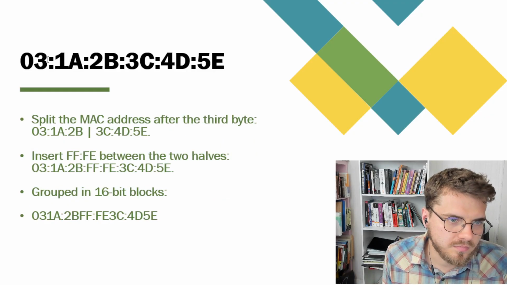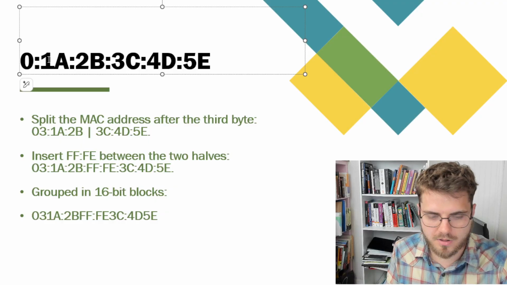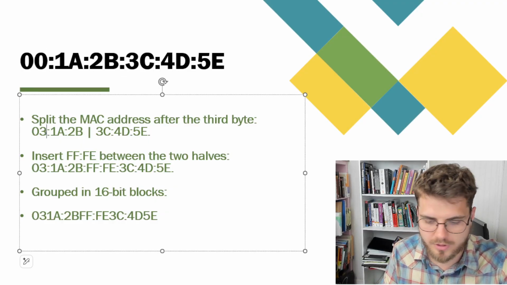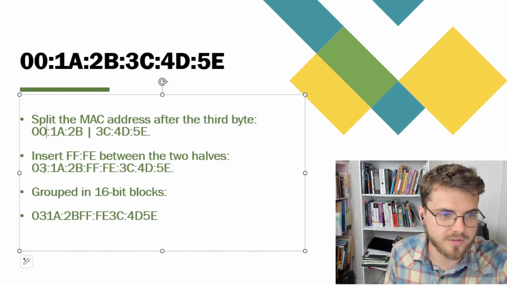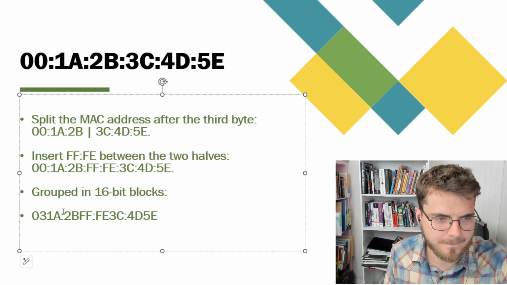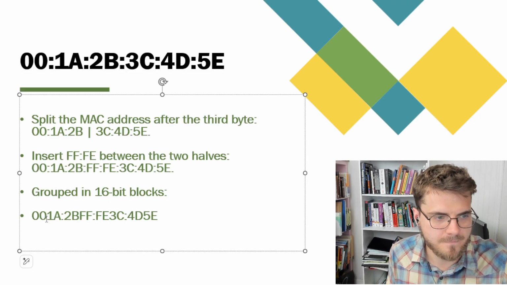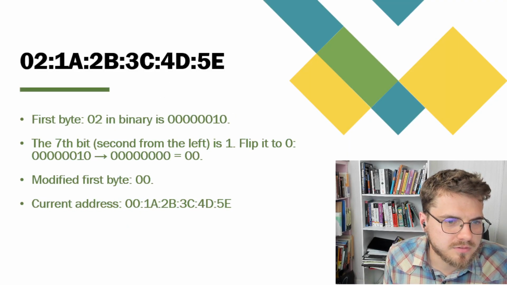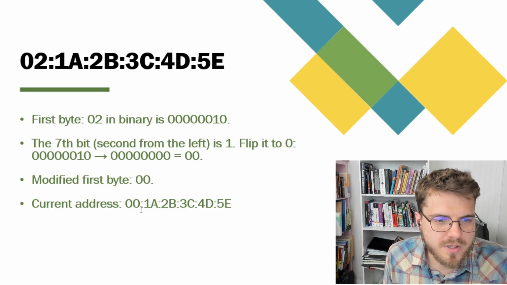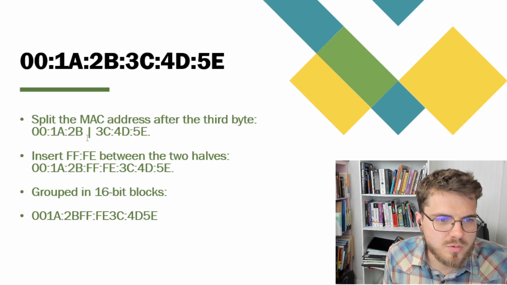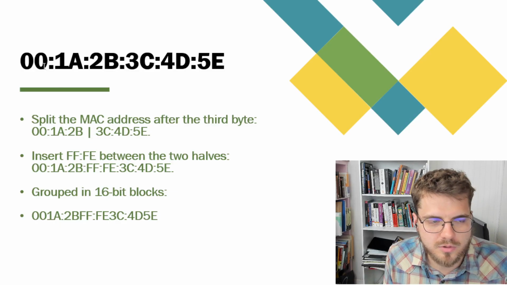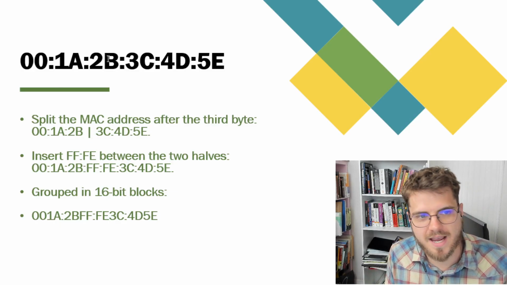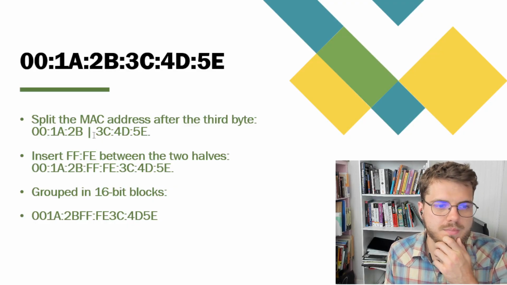So, again, all these examples are going to be wrong now because it's actually 03. So I'm just going to type that stuff out real quick. And so yeah, we flip the bit, then you split it down the middle, or you can say after the 3rd byte, or in the middle.